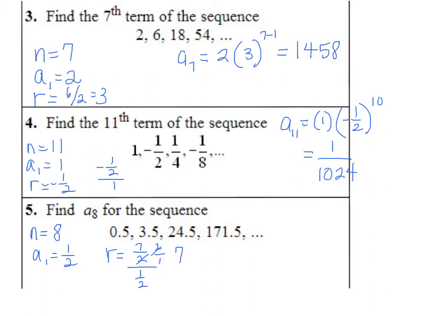So the decimal makes that look a little different, so be careful. Find a sub 8: 0.5 times 7 to the 7th power, and that turns into something really big, 411,771.5. So be sure that you take the next term divided by the previous to find r.